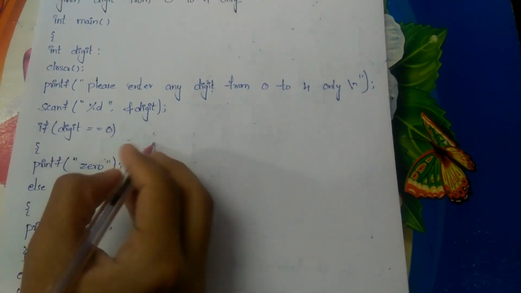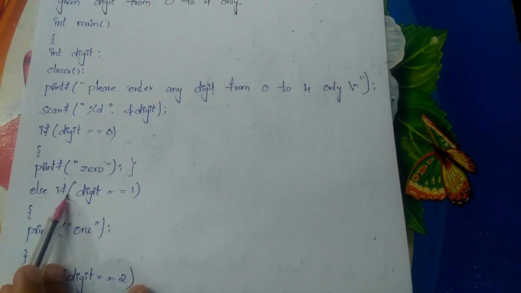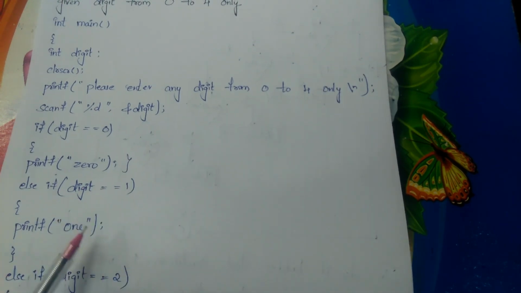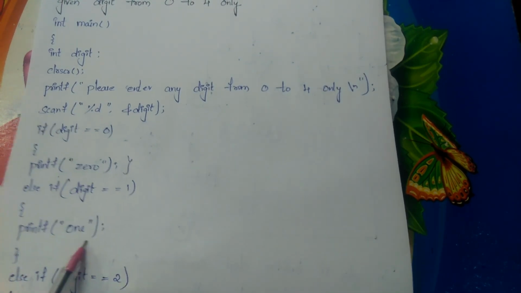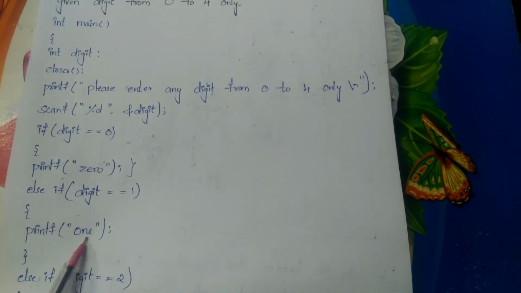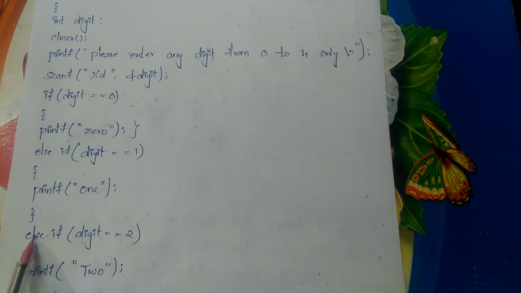So this will be closed here. Then after else if, if the digit is equal to 1, then this statement will be executed. In that we will have the printf, and that printf is only ONE. Now in this we have the else if.